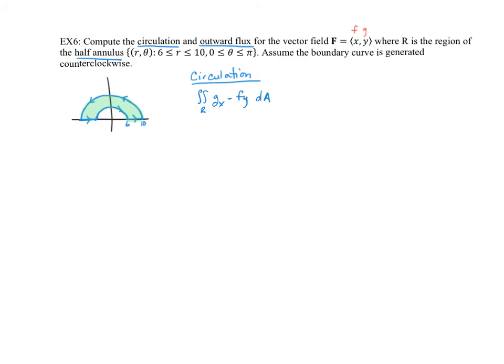If we look at our vector field xy, the partial of g with respect to x is 0, minus the partial of f with respect to y is also 0, which simply gives us the integral of 0, and that's 0. We have no circulation.